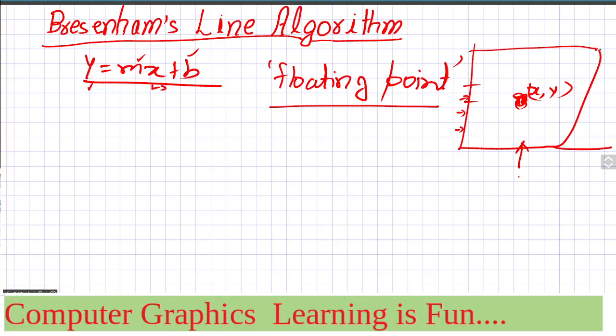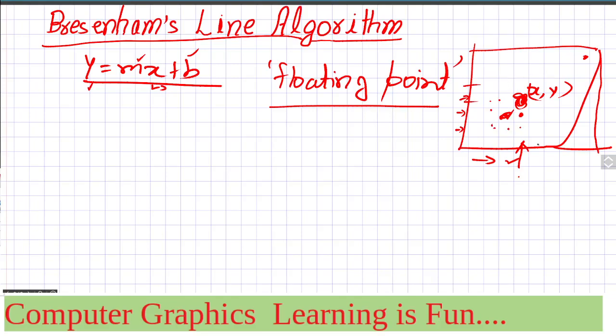Suppose this is your frame. Why don't we do one thing? We keep on incrementing x, that is okay, but if we are here, we should be able to judge, according to the slope of the line, whether we have to choose this pixel or this pixel. Even if the line is in any direction, we have to choose one of the pixels around this pixel.